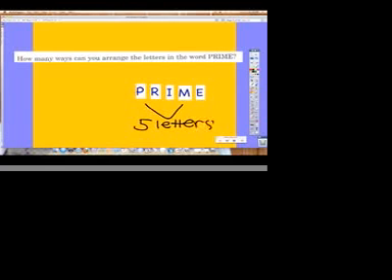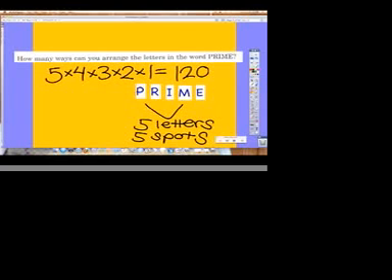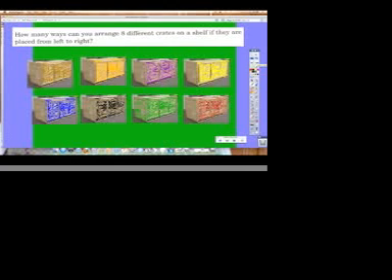How many different ways can you rearrange 8 crates? You do this one on your own. Ready, set, go. Okay, Taylor, show us how to do it. Since there are 8 crates, you would do 8, then you would use 1 fewer, 7, and so on.